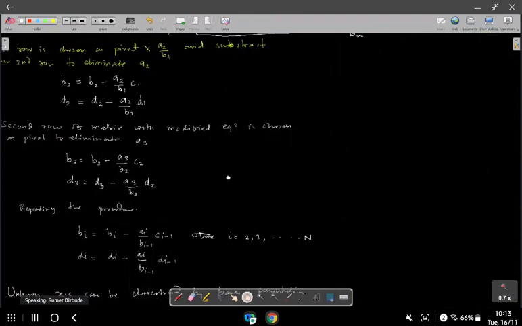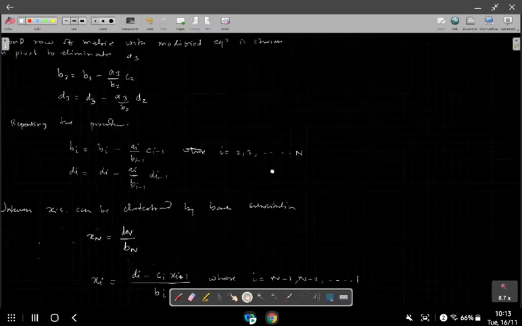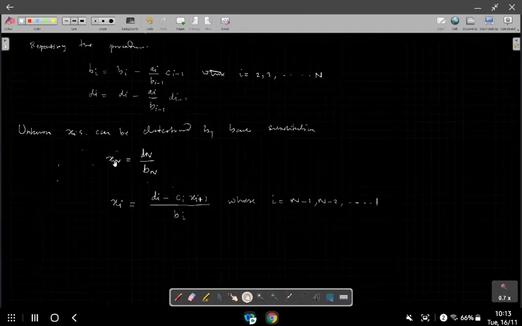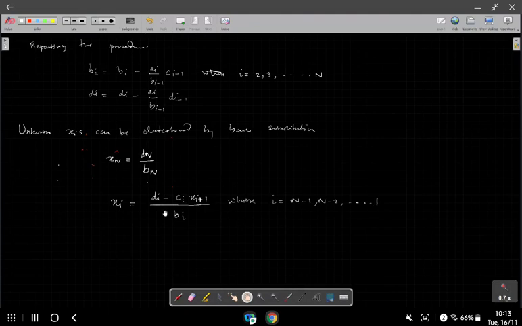That will be an expression for n minus 1. Similarly, if you go back up to x1, you can use a similar form of equation. At i equals n you use this equation, but for i equals n minus 1, n minus 2, up to 1, this is the equation, and you can get all the values of x.